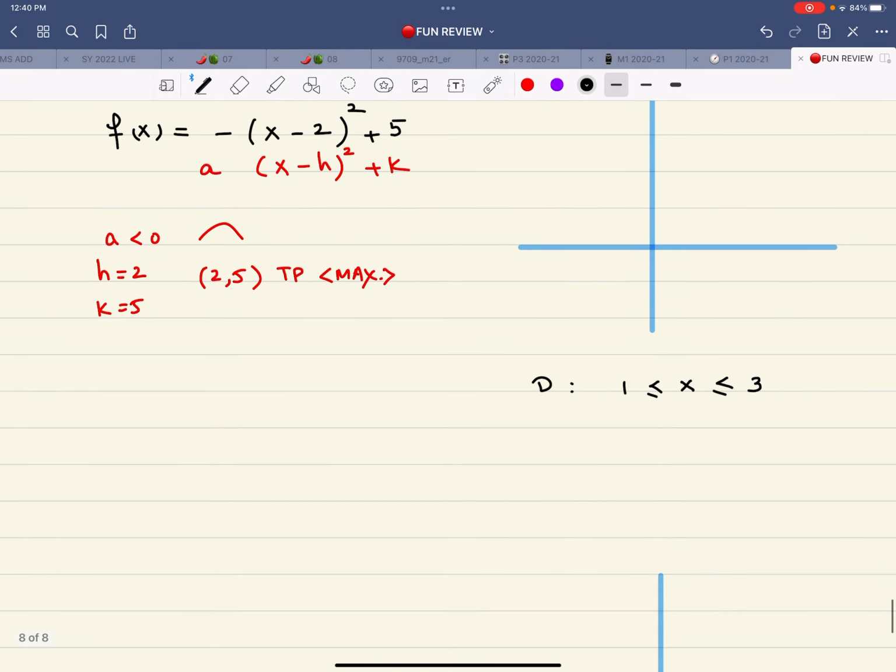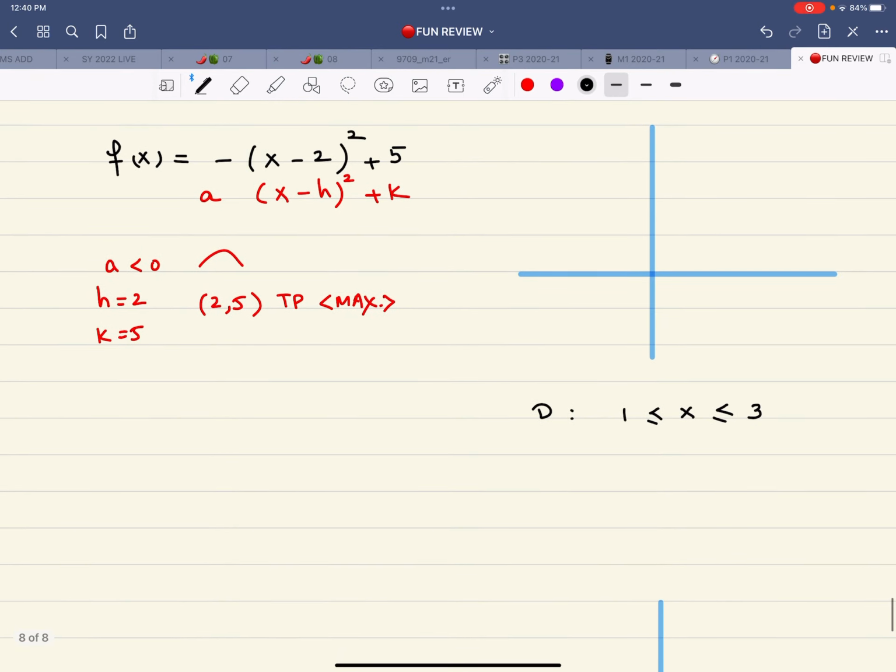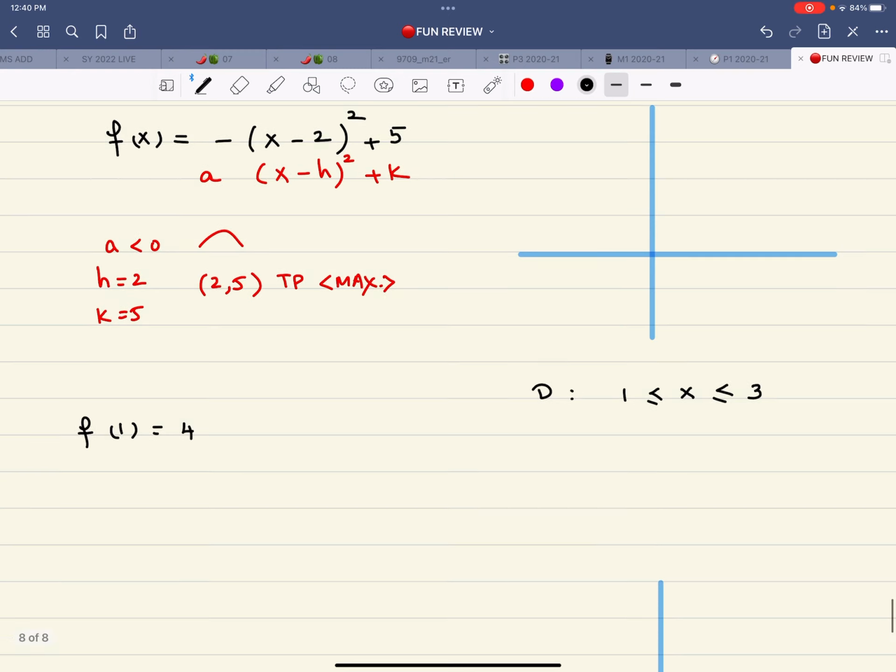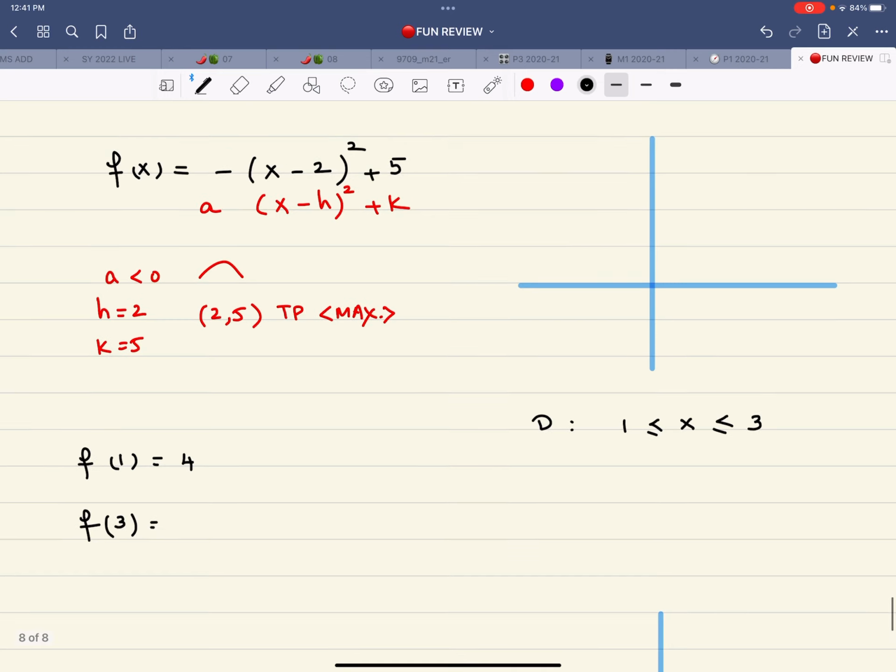Now in the first one, when I do the calculation, f of 1, 1 minus 2 is negative 1, negative 1 square is 1, there is a minus before, so minus 1 plus 5 comes out to be 4. Let me plug in 3, 3 minus 2 is 1, it's the same thing, so let me change the number, because two values would be the same.